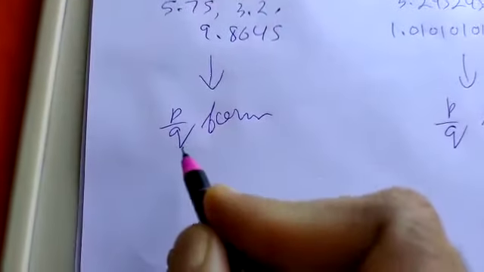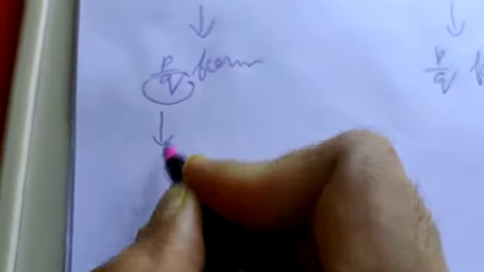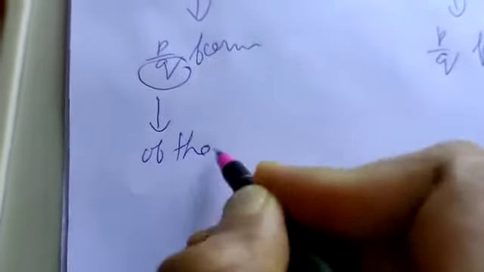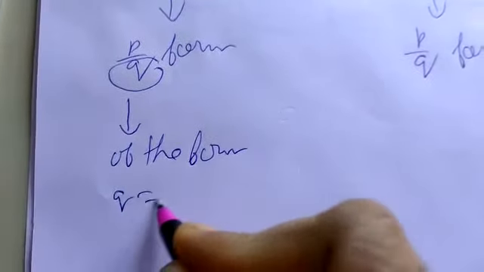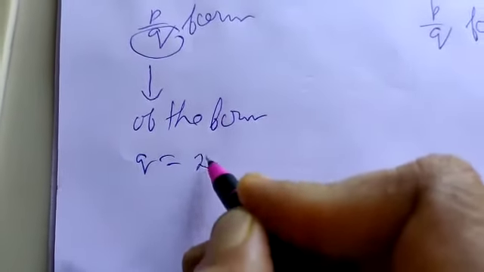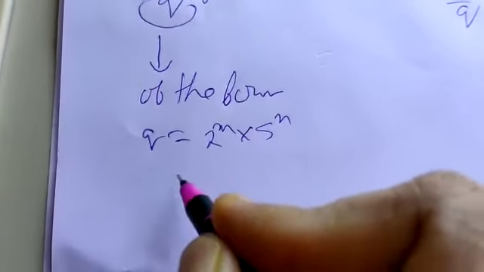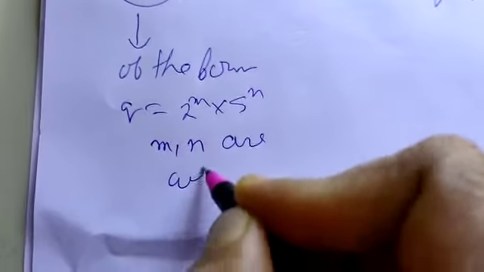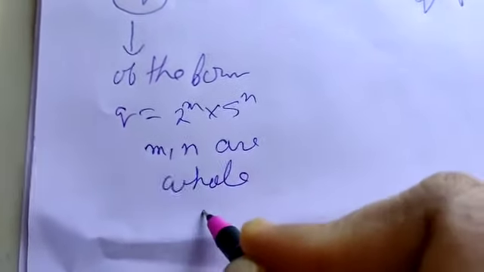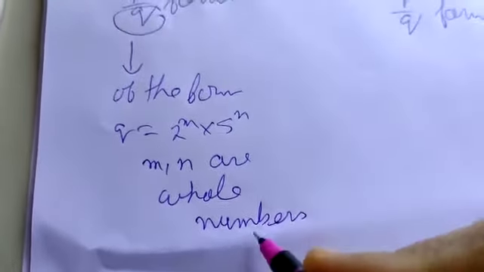Now for terminating decimal expansion, this q will be of the form q equal to 2 raised to m into 5 raised to n. M, n are whole numbers. Whole numbers means even 0 can come.